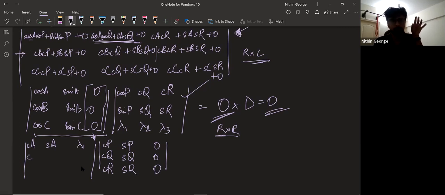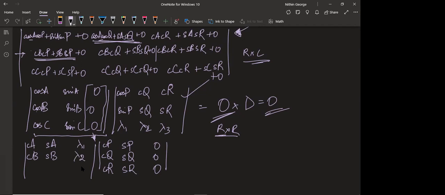Now similarly, with that same logic, I can go for the second row. My second row terms are second row from the first determinant into first row from the second determinant, which is cos B into cos P plus sin B into sin P plus 0. You understood how I got 0, right? Yes, sir. Now I can put 0 here and I can put lambda 2 here.